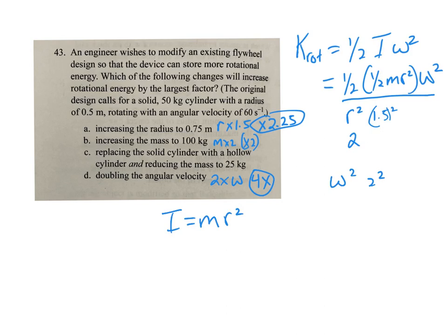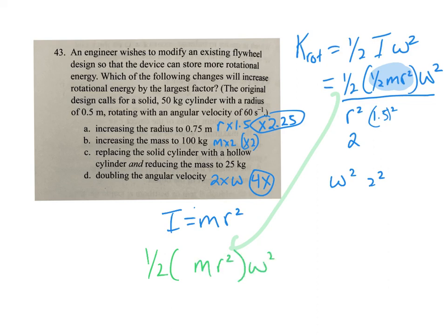We're also going to reduce the mass to 25 kilograms. So basically I am halving the mass and then taking off a half from the beginning part. My new moment of inertia, the new thing I would plug in here, would be mr squared times omega squared.